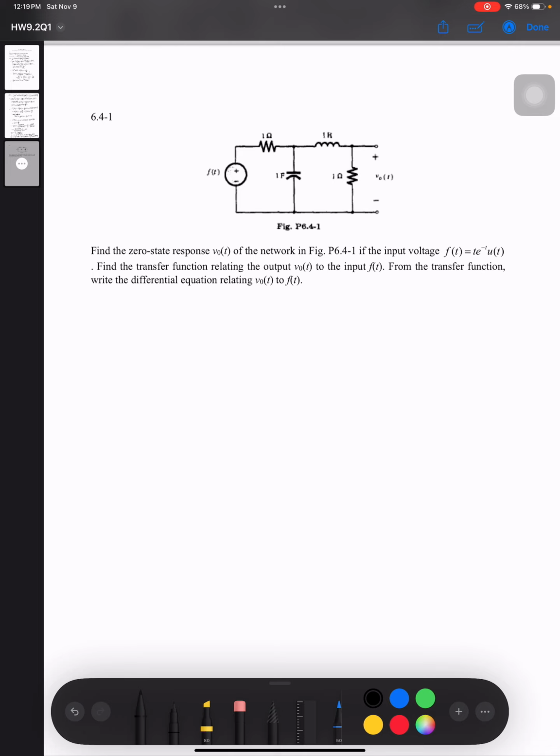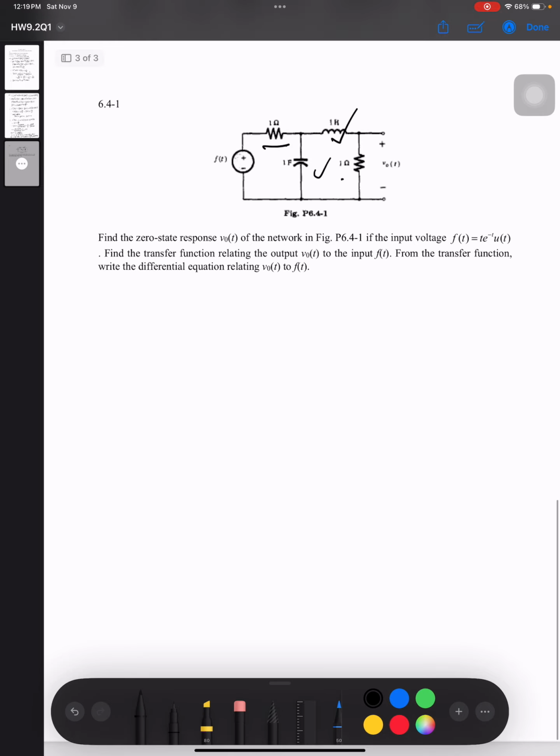First, let's use the Kirchhoff laws and the Laplace transform of the different electric components, like the resistor, capacitor, and inductor. Let's see the Laplace transform of these components.